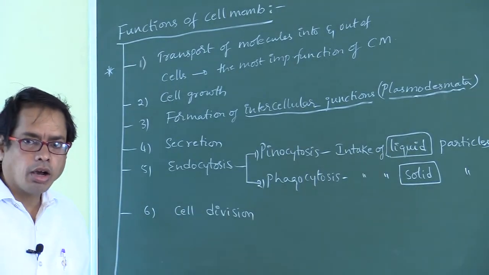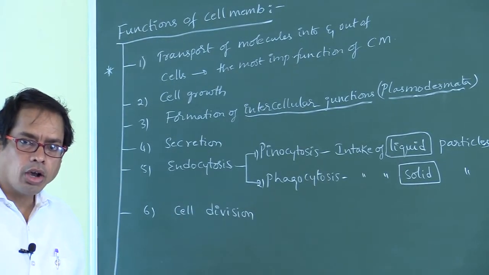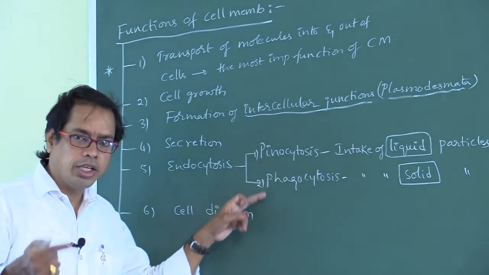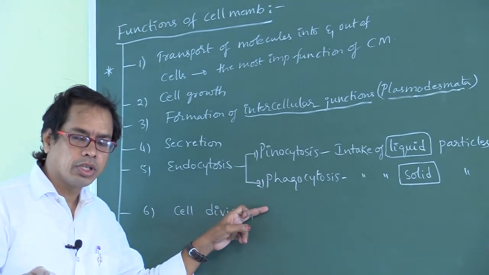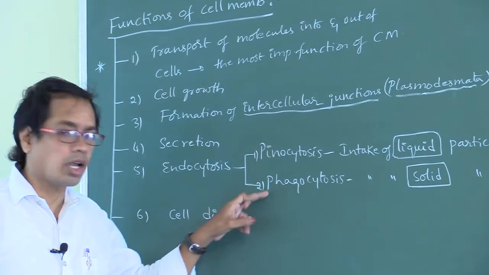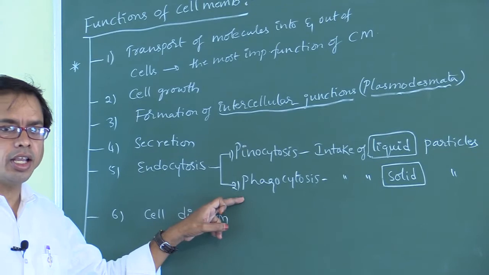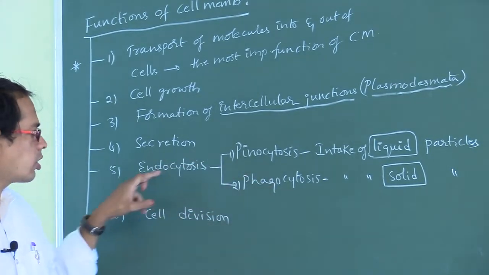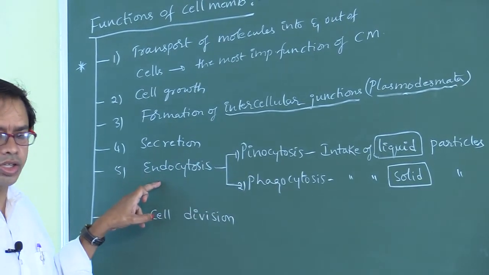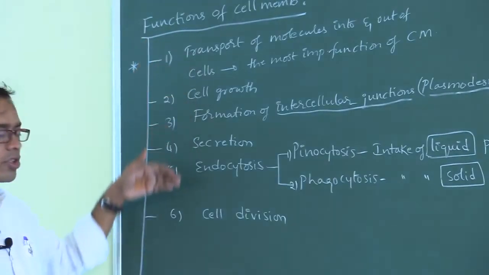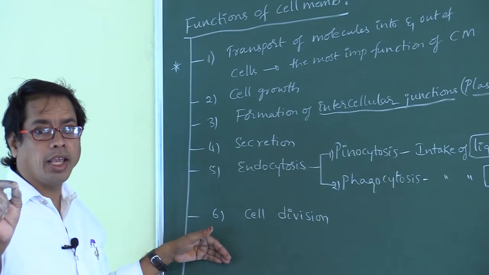So taking of liquid particles is called pinocytosis. Intake of solid particles is called phagocytosis. So taking liquid or solid particles is so called endocytosis. It also helps in cell division. These are all the different functions of cell membrane.